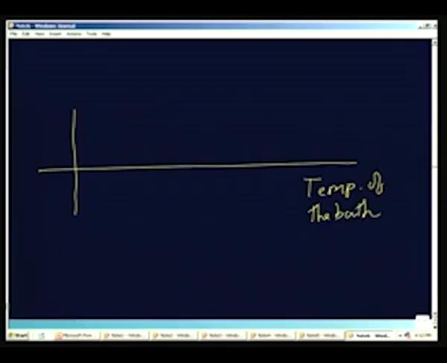I can start with some value T1, T2, T3, T4, etc. On this I am going to plot delta V, maybe in microvolts, because the two are made of the same thermocouple material. I am expecting very small departure, not very large departure. Therefore, maybe you may have 100 microvolts here and maybe minus 100 microvolts here.